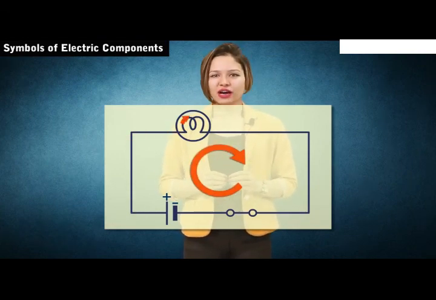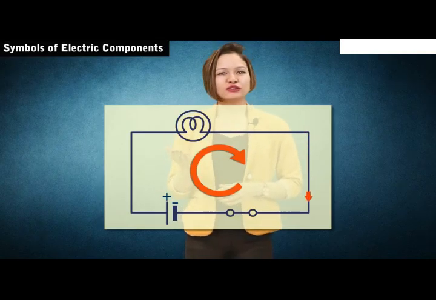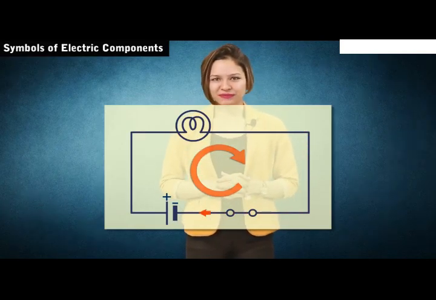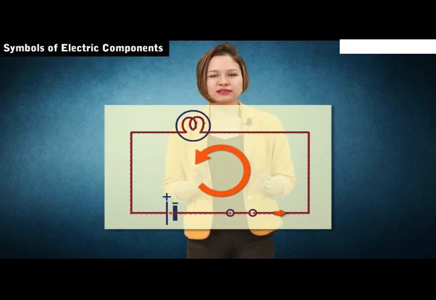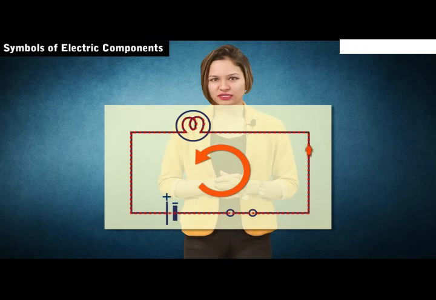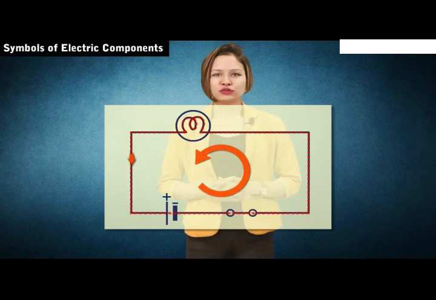And the conventional current in the electric circuit flows from the positive terminal to the negative terminal of the cell. Knowing that the actual charge carriers in wires are negatively charged electrons, this convention looks a bit odd and outdated, but it is used worldwide.